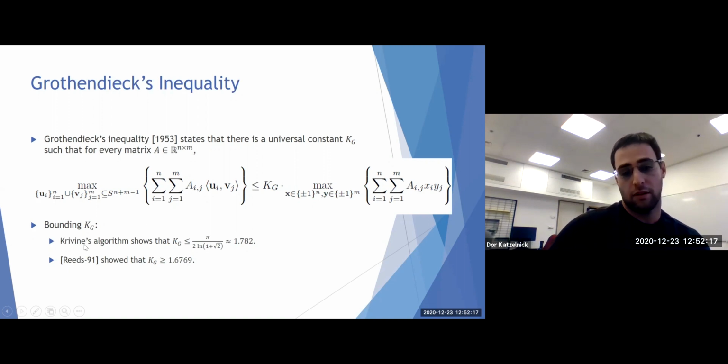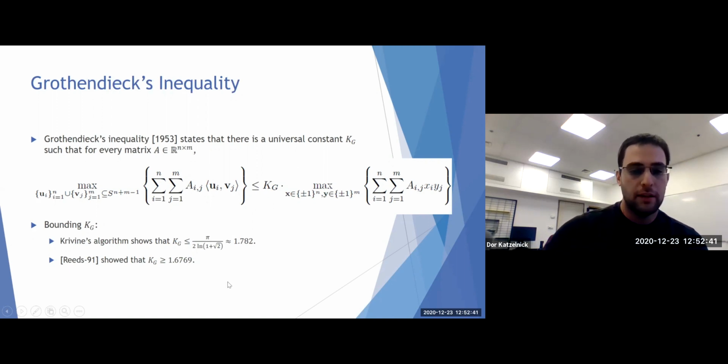Krivine also conjectured that this is the correct value of the constant, but I think 10 years ago there was a work by Braverman et al. showing that this is not the right solution. So the real constant is slightly smaller than this value.